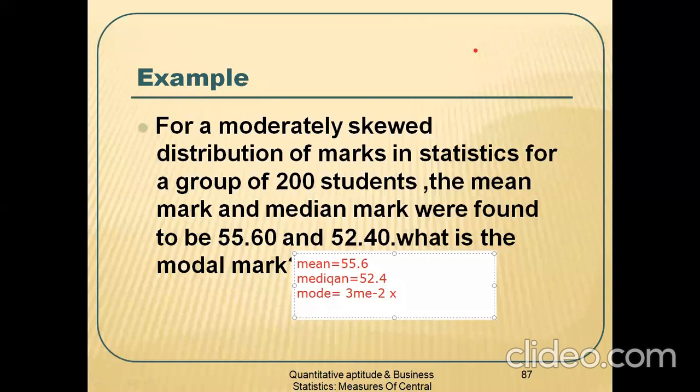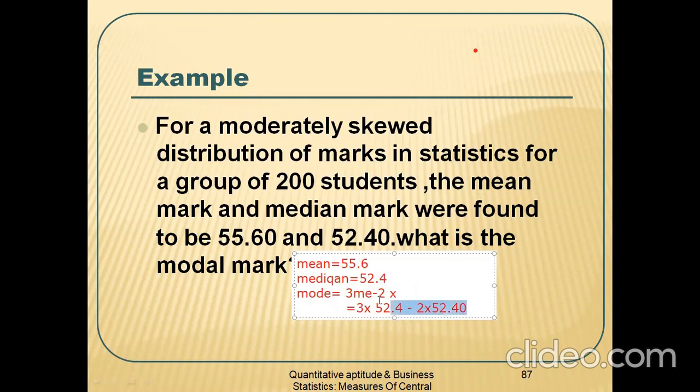How to calculate mode? That is 3 multiplied by the median, 52.4, minus 2 multiplied by the mean. By calculating this, you will get the solution.